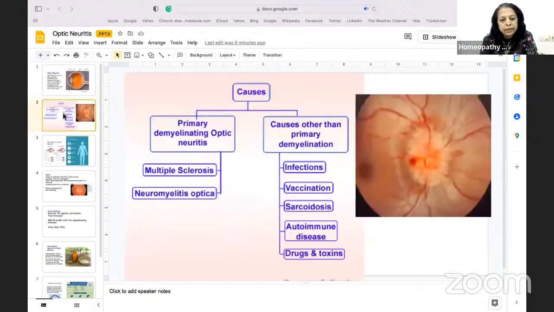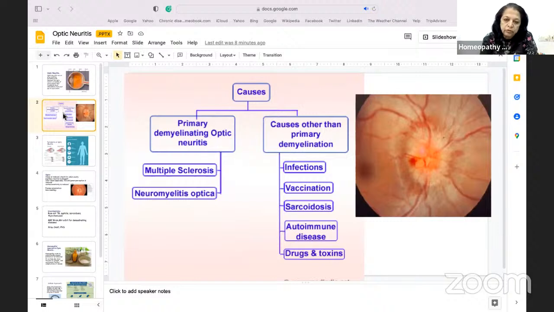Now we would like to know exactly the most common causes, usually surrounding infections like thyrotoxicosis, also if there is a swelling of the muscles. This is regarding the infections.